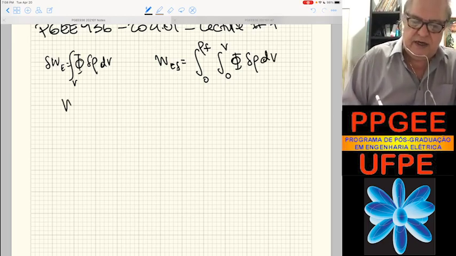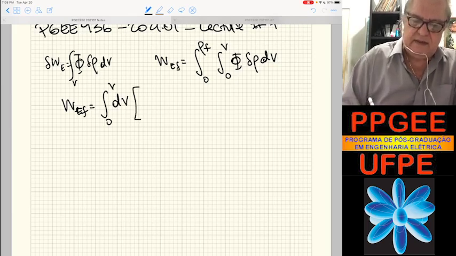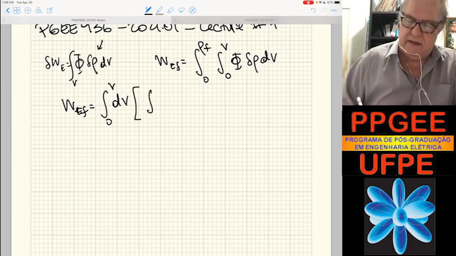I'm going to interchange the integrals. It's going to be written like this: volume integral dv. Then I have another integral here, from 0 to rho f of phi delta rho.